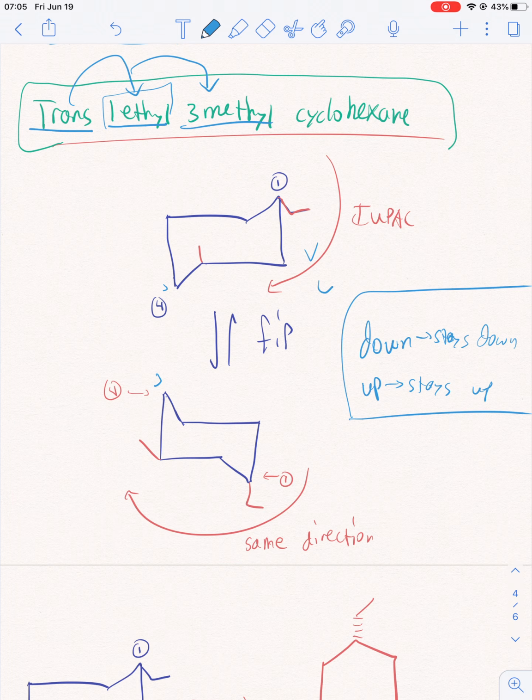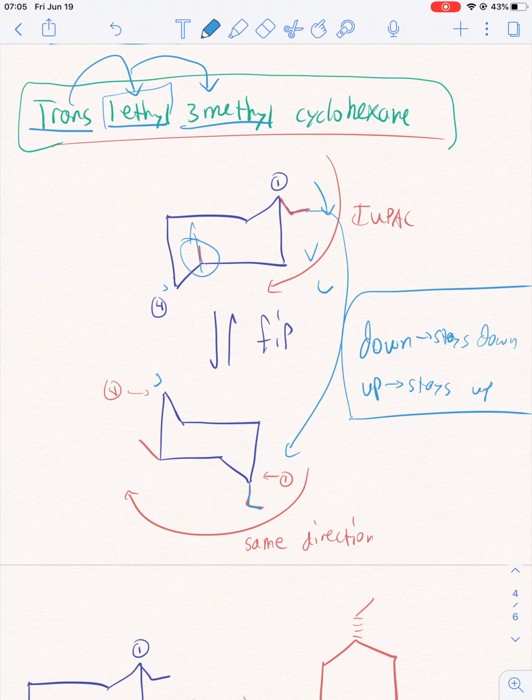So what do I mean? On the first position, we have an ethyl going down. So we go to our new first position, and now we put our ethyl down. Notice that it went from equatorial to axial, okay? On our third position, we have a methyl going up.